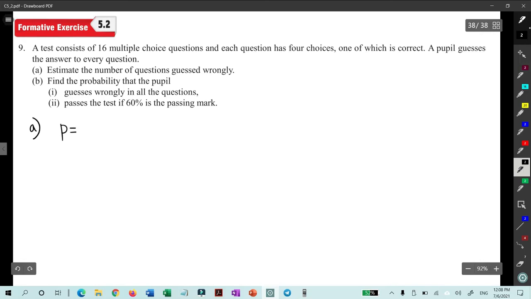The probability of guessing a correct answer is 1 over 4. And the probability of guessing wrongly for each question is 3 over 4. And we have 16 questions, so we can guess 16 times.